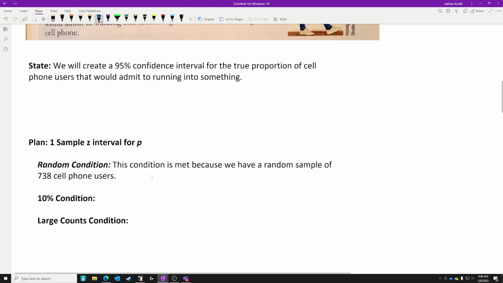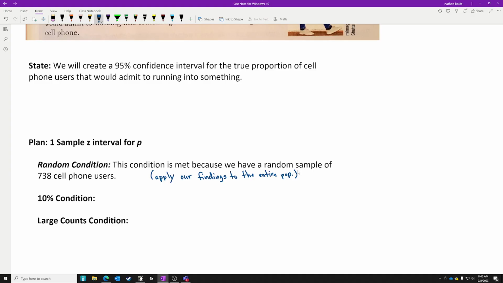This condition allows us to apply our findings to the entire population. All right, at least the population that we sampled from.